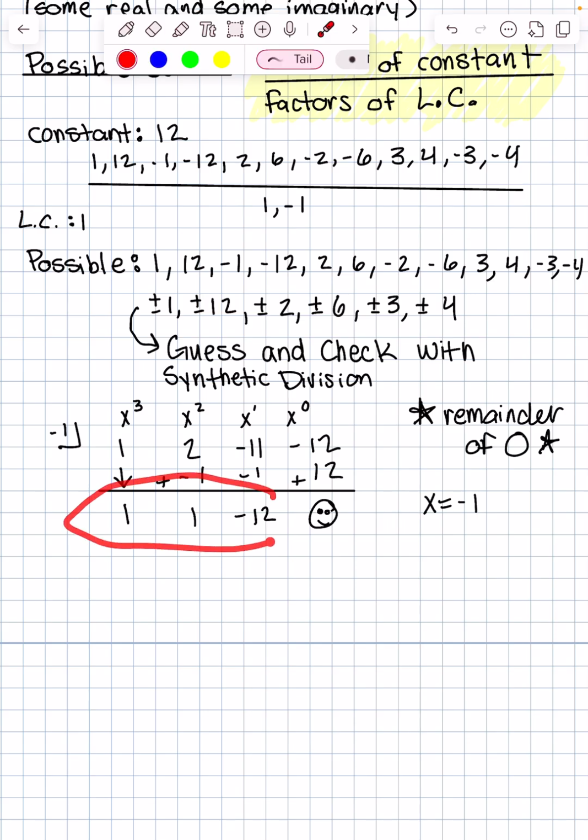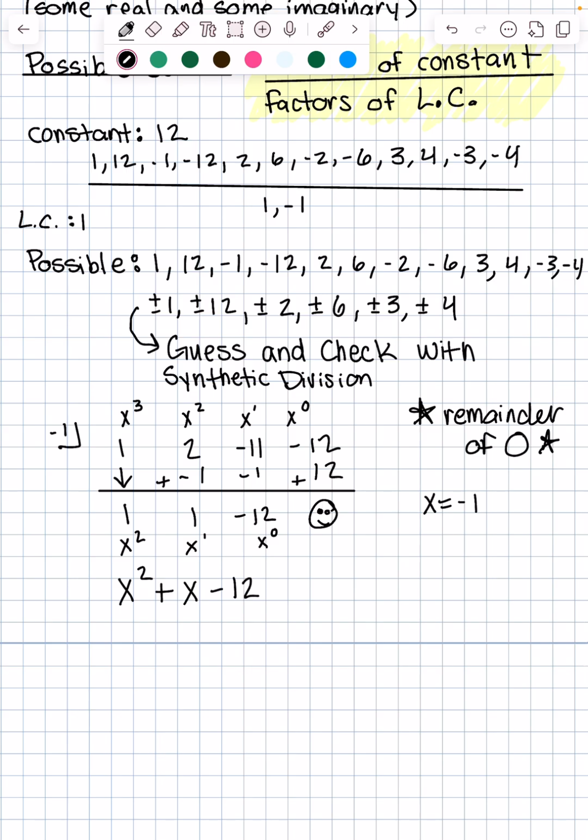these numbers give us the coefficients for another polynomial. So we start with x to the 0, x to the first, and x squared. And now I can rewrite this as a quadratic with these numbers as my coefficients for these variables. So what this quadratic looks like now is 1x squared plus 1x minus 12, okay?